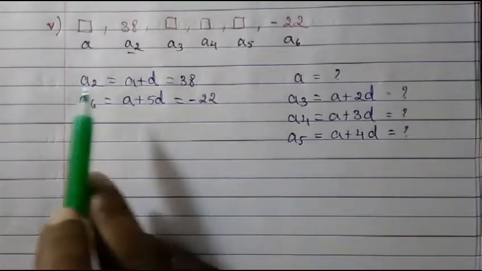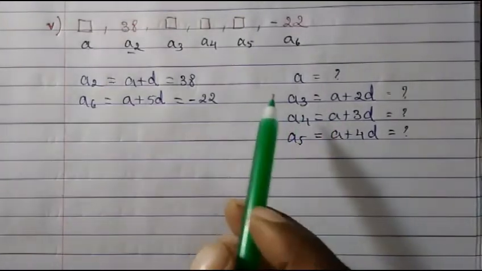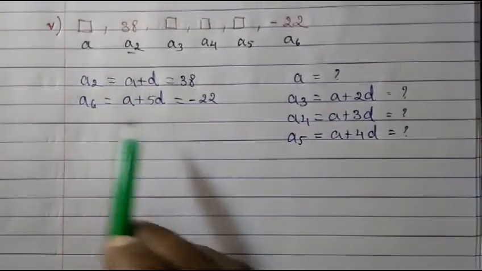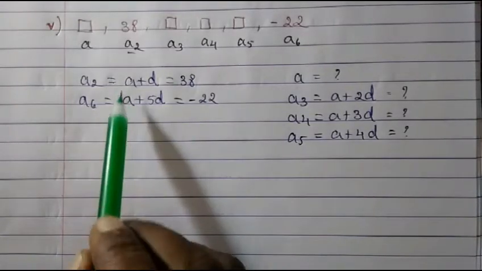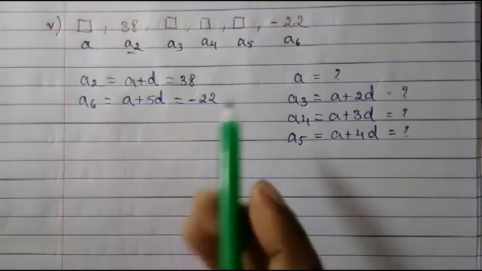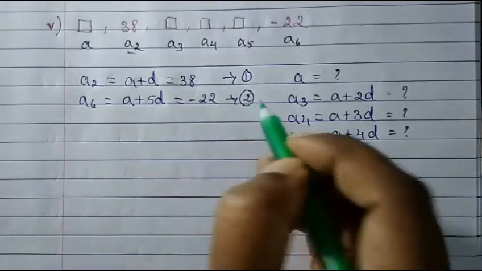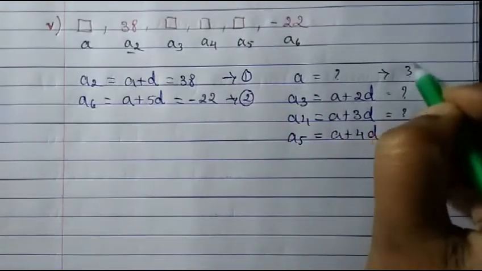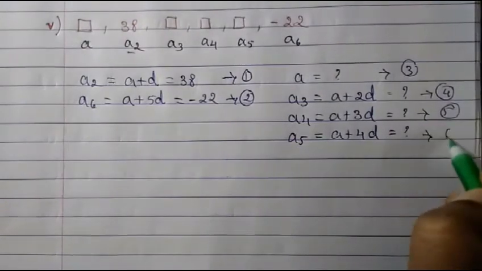So now we don't have the A value, neither do we have the D value. So when we don't have A and D, we have to go for the elimination method. So either one thing we eliminate and get the value of the other one. Consider this as equation 1, this as equation 2, this is 3, 4, 5 and 6.